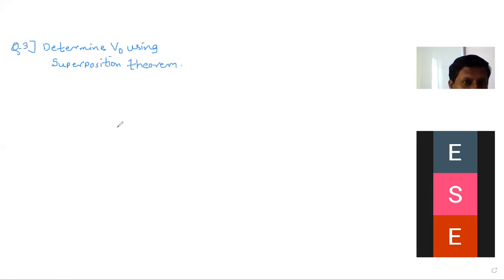So I will draw the circuit diagram, and after that we can solve this example.